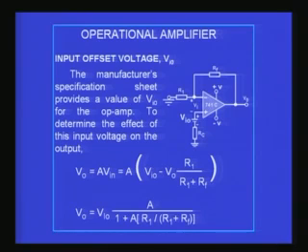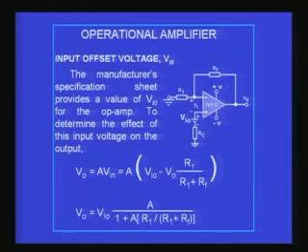Now, before we go further, let us understand the input offset voltage. The manufacturer usually specifies the input offset voltage for a given amplifier under certain operating conditions. If I call that VIO, and choose a configuration that we are all familiar with, namely the non-inverting amplifier, you can see on the right side of the screen a non-inverting amplifier with RF and R1, and the inverting input terminal is connected to ground.